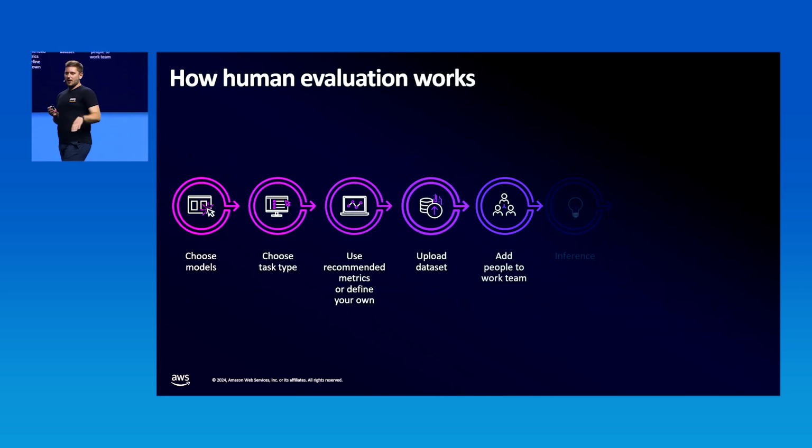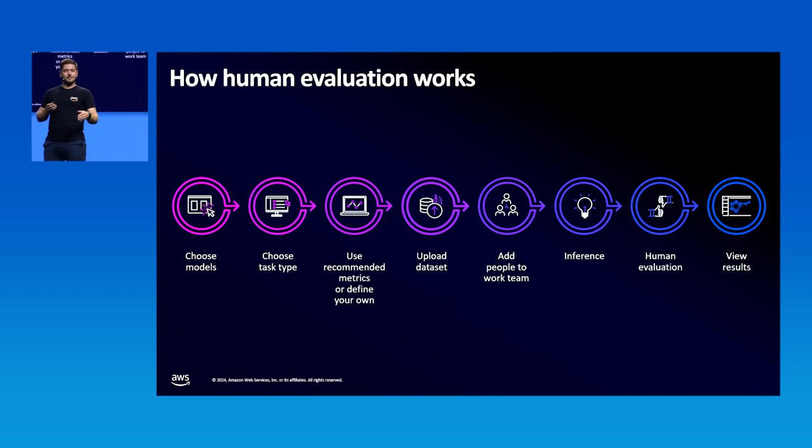And how does the human evaluation in Amazon Bedrock work? So you would basically choose your models from the beginning that you want to evaluate. You choose your task type, for example, text generation or summarization. Then you can use recommended metrics or define your own. You upload your data set, and then you add people to a work team.